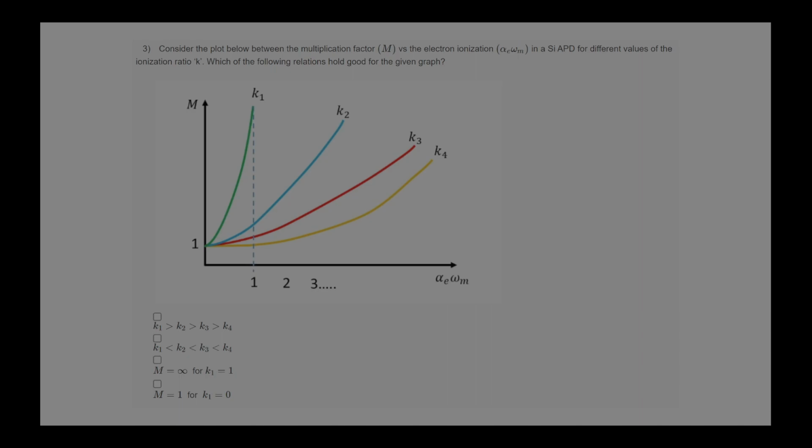Here K1, K2, K3, K4 are given, and according to that, you have to mark the square boxes. So you can understand this is an MSQ question. According to that, you have to go through it.